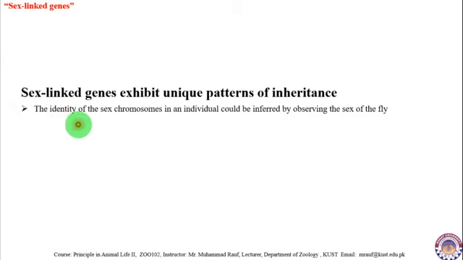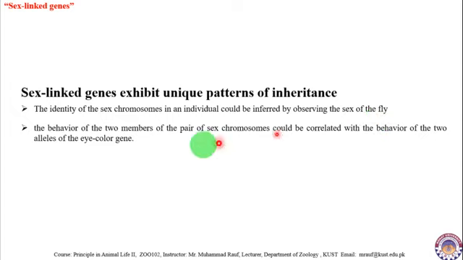The identity of the sex chromosomes in an individual could be inferred by observing the sex of the fly. The behavior of the two members of the pair of sex chromosomes could be correlated with the behavior of the two alleles of the eye color.